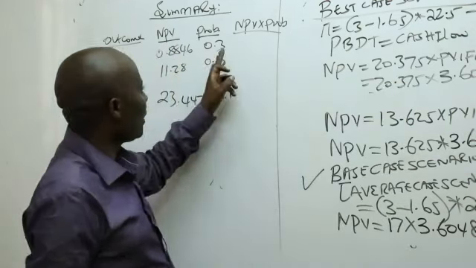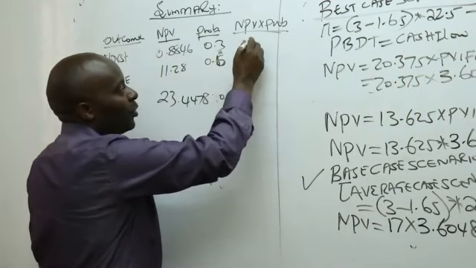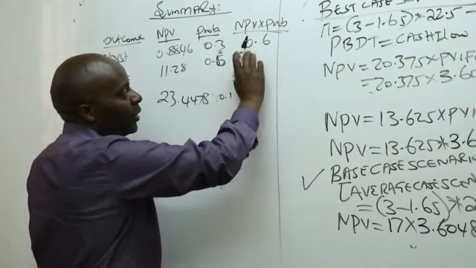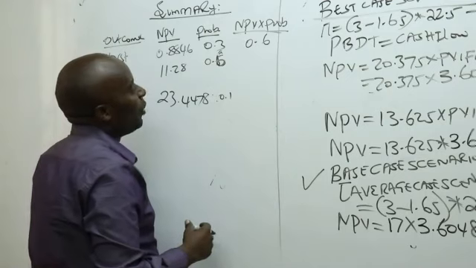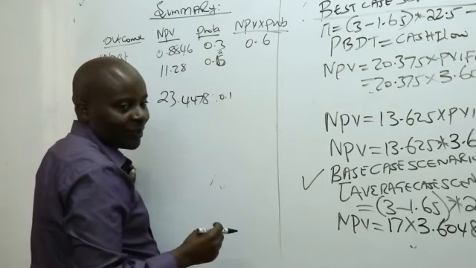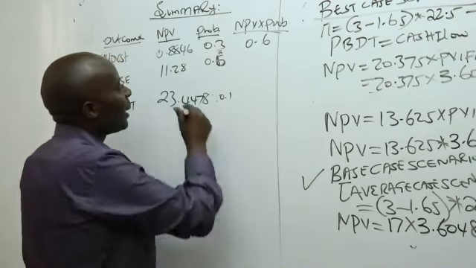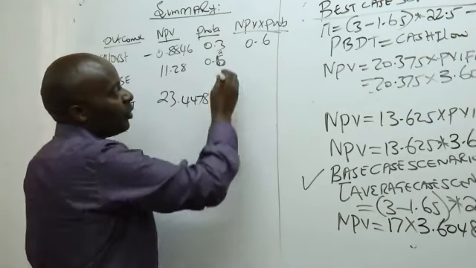So this and this gives us what? Somebody, 2 decimal places very fast. 0.6, 2 decimal. But the first one is negative, eh? Yes, it was negative. So this will be negative.